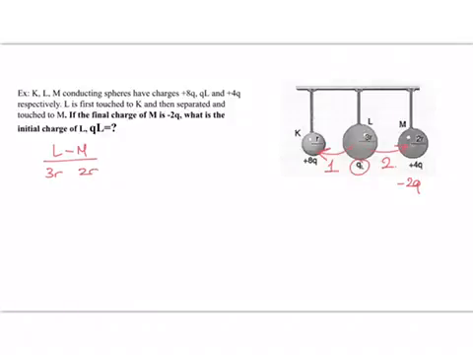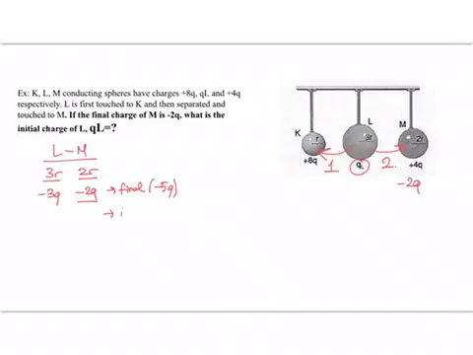The final charge of M is minus 2Q. As they share the total charge proportional to their sizes, 2R has the charge of minus 2Q, so 3R has the charge of minus 3Q. So the total charge is equal to minus 5Q.